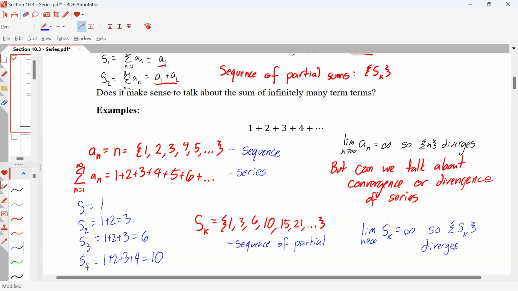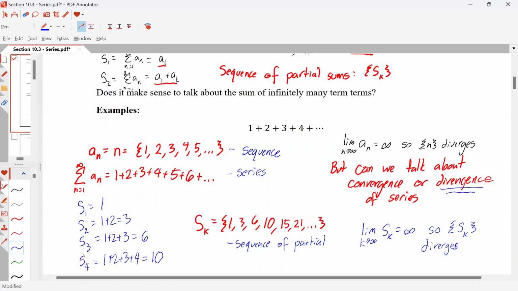And we've got these two things diverging: the sequence and the sequence of partial sums, as k goes to infinity. That both diverge. And since these two things are so highly related to the series, it's probably a good guess that the series diverges. And we will see different ways later how we can show that to be true.